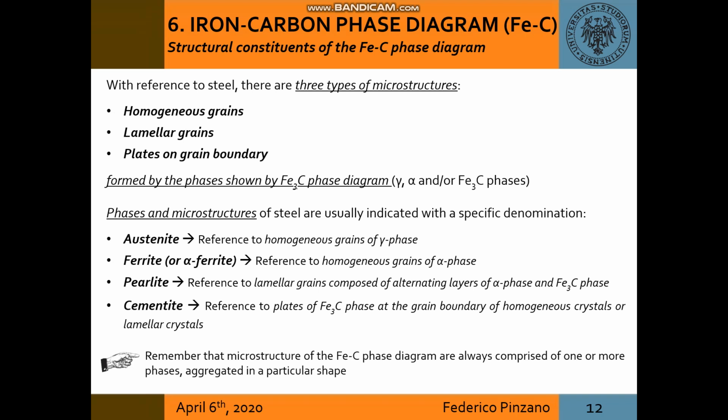And moreover, the phases and microstructures of steel are usually indicated as austenite with reference to homogeneous grains of gamma phase, ferrite with reference to homogeneous grains of alpha phase, perlite with reference to lamellar grains composed of alternating layers of alpha phase and iron carbide phase, cementite with reference to plates of iron carbide phase at the grain boundaries of homogeneous crystals or lamellar crystals. Remember these because they are very important in the following.